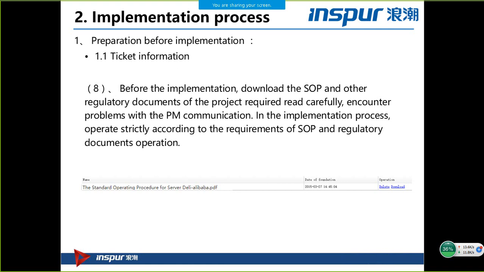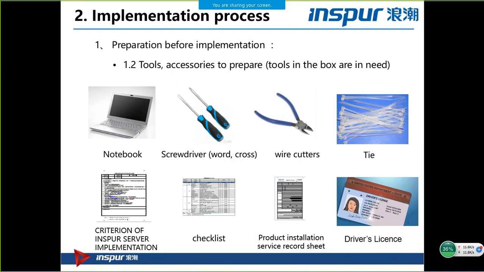So for example, this time you finish the Alibaba project, but next time maybe the Tencent one, but the SOP is almost the same, but some parts are quite different. So before every project, you also need to go through the SOP carefully. Otherwise, sometimes we'll make mistakes in the data center, and we will get a complaint from our customer end.